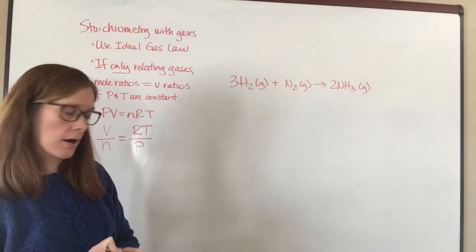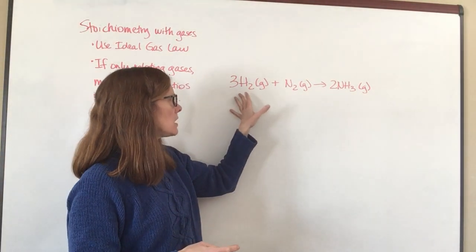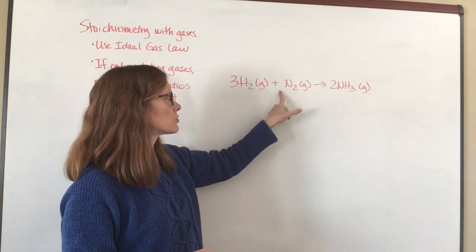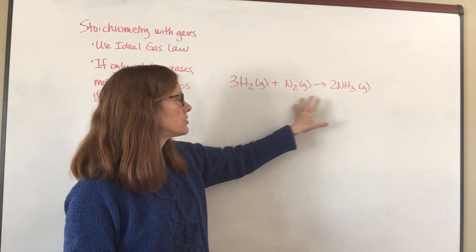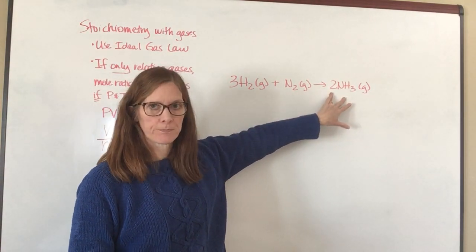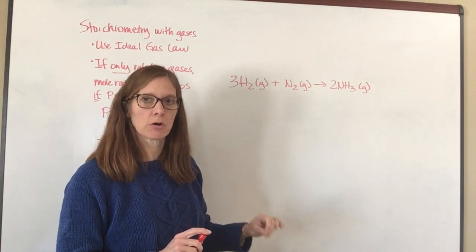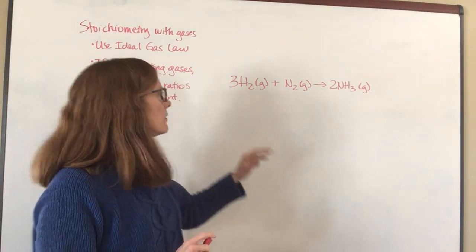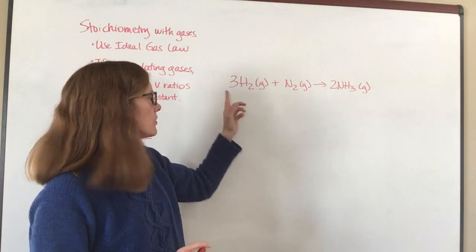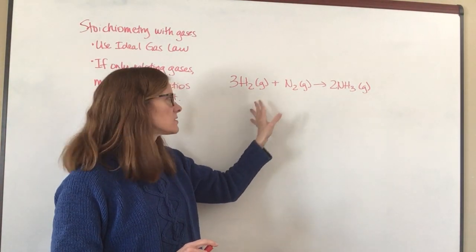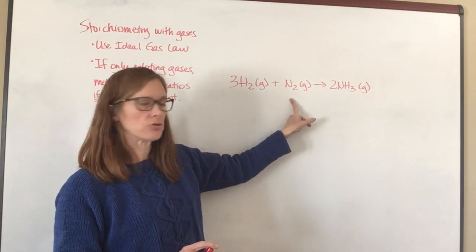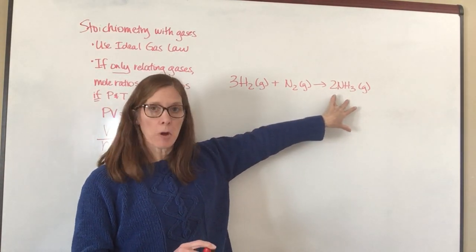You are already aware that it will take 3 moles of hydrogen gas plus 1 mole of nitrogen gas to make 2 moles of ammonia. If, however, the pressure and the temperature are going to remain constant, then I can also say 3 liters of hydrogen gas will react with 1 liter of nitrogen gas to make 2 liters of ammonia.